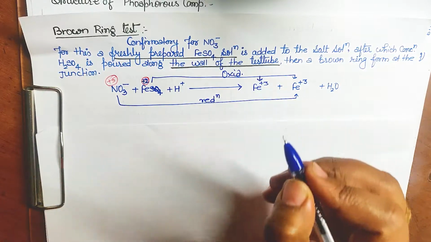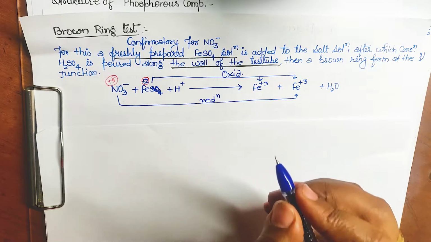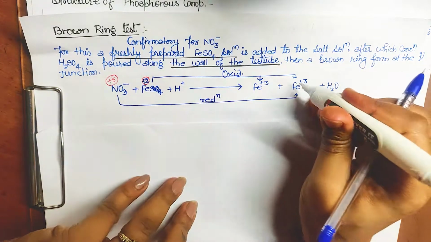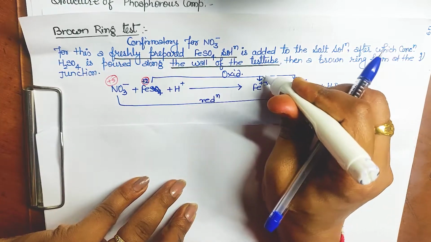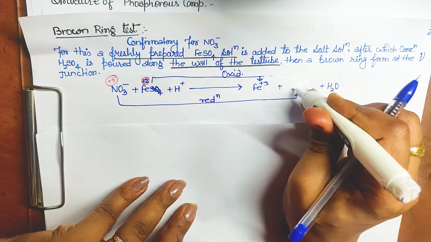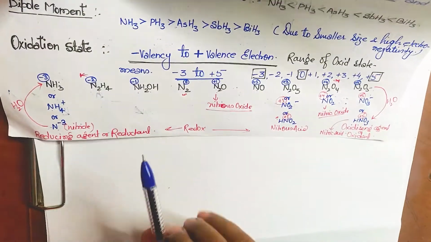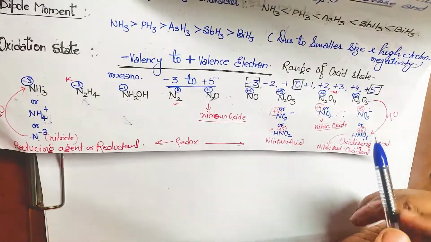Now what product will we make as a reduction of this NO3 minus? Think of it. Let me open the chart. So if we see, here it is, NO3 minus.